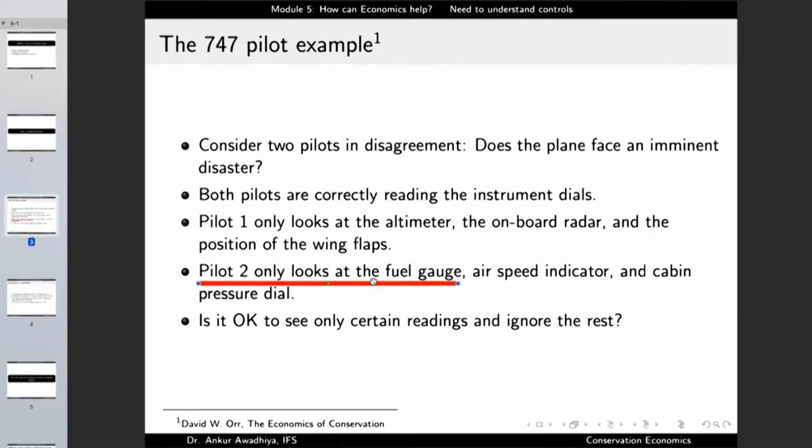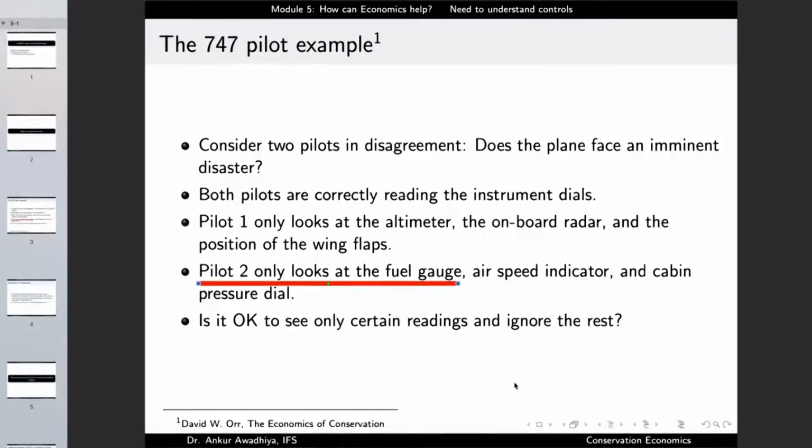Now, suppose the fuel gauge shows that the amount of fuel in the aircraft is extremely low, because of which the plane might not work. It is possible that the engines will stop and it will crash. Pilot two is seeing this gauge, and he is correctly reading that this plane is in imminent danger of crashing.